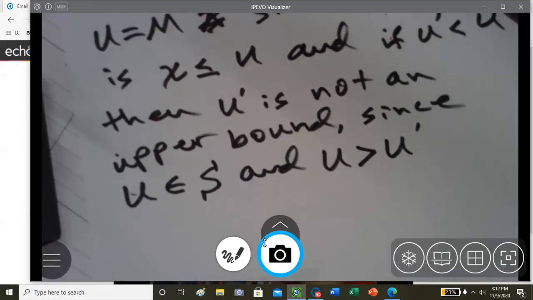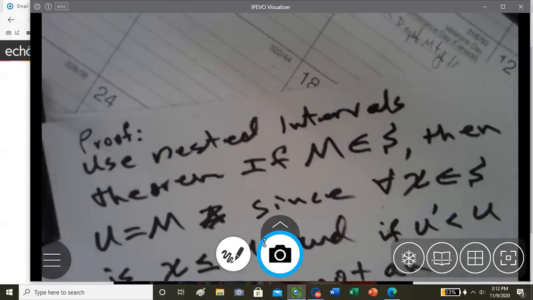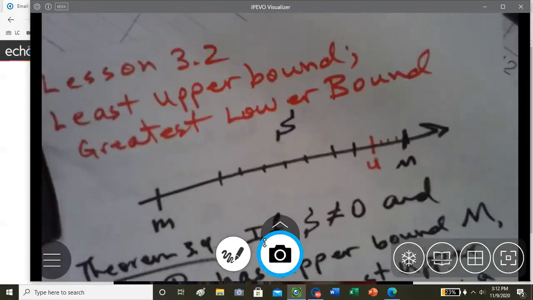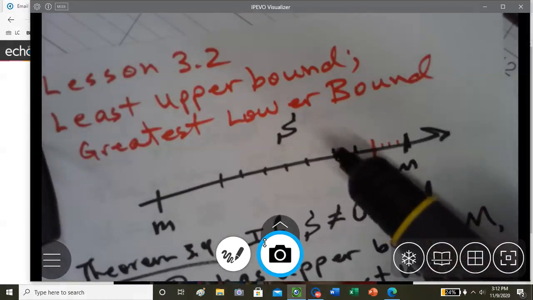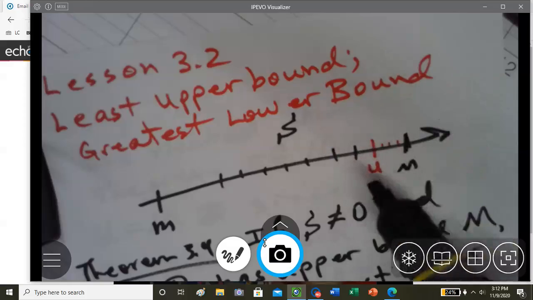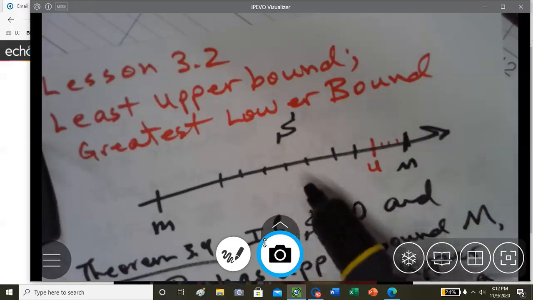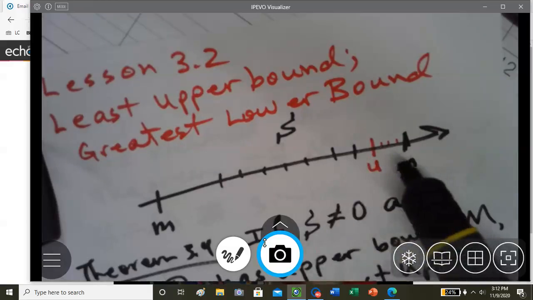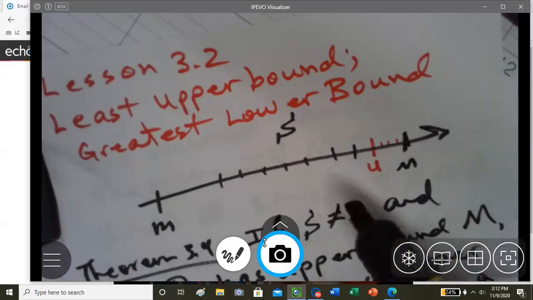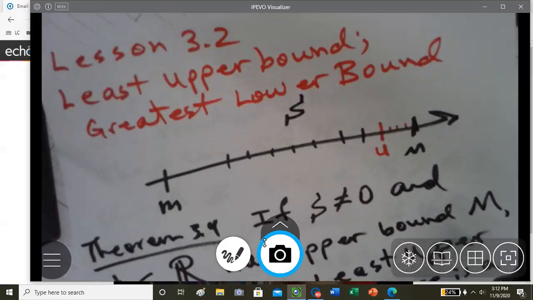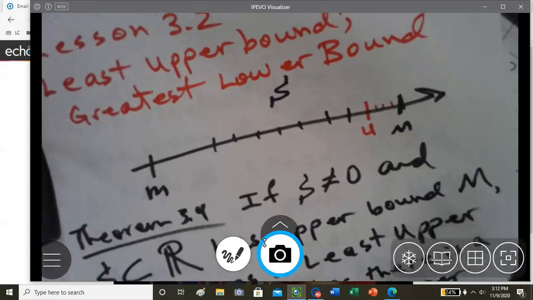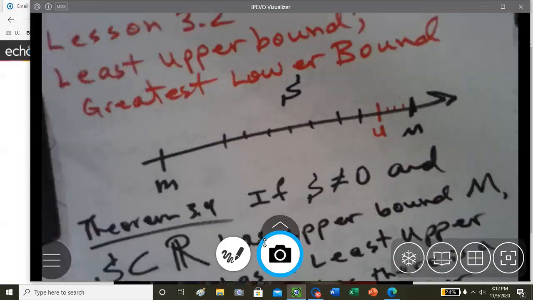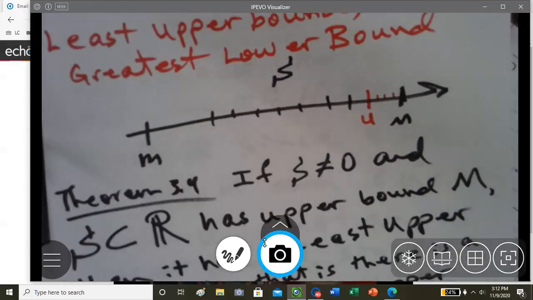Okay, so basically the nested interval theorem is where we cut it in half, and then we look at intervals and cut it in half again and look at intervals some more. And so from there, we can prove the theorem for least upper bound and greatest lower bound.